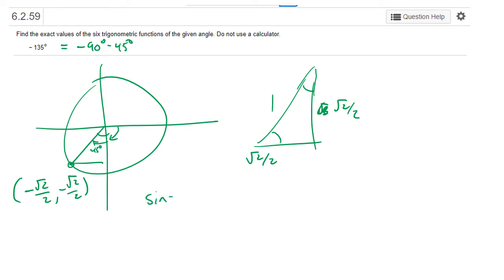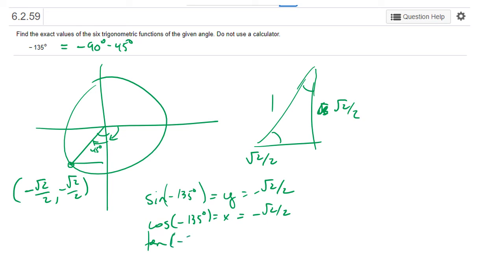The sine of -135 degrees is the y coordinate, -√2/2. The cosine of -135 degrees is the x coordinate, which is also -√2/2. Since the sine and cosine are the same, the x and y coordinate are the same, the tangent, which is y over x, is just going to be 1.